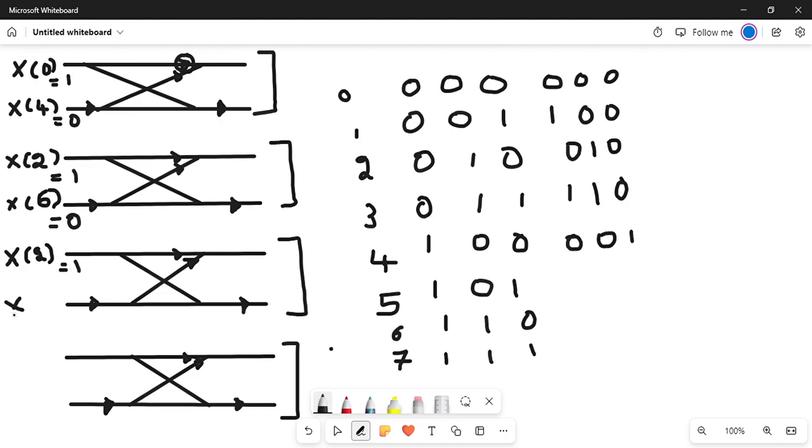Now here, x of 5 is 1 0 1 itself, and my x of 5 is 0. And this is my x of 3, which is equal to 1.